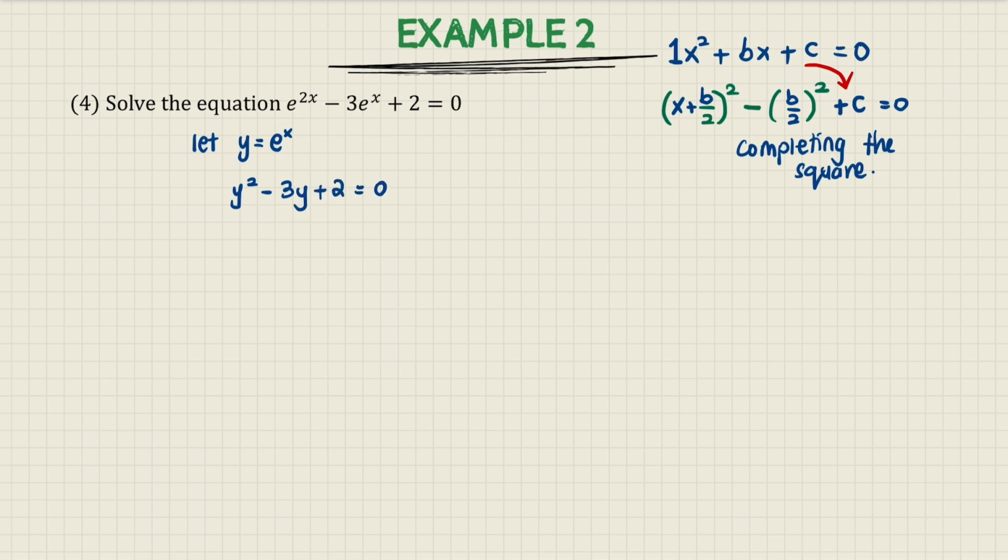Here our a is already 1, so no problem. Applying this formula, first we make a bracket squared minus bracket squared, and the c only needs to be copied: plus 2 equals to 0.